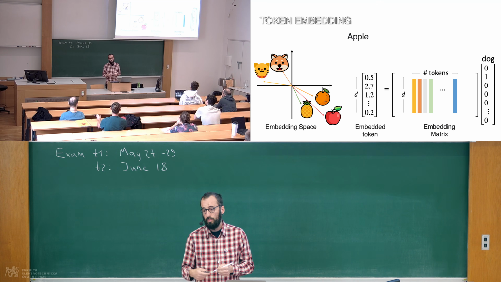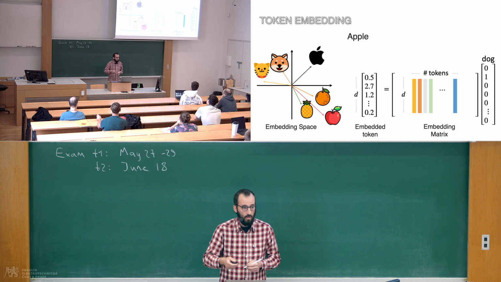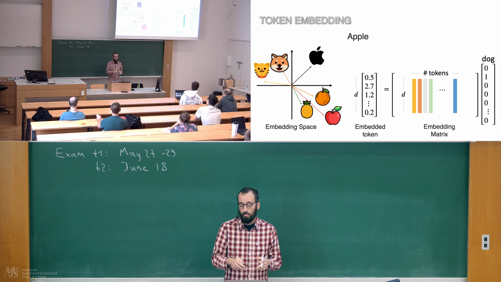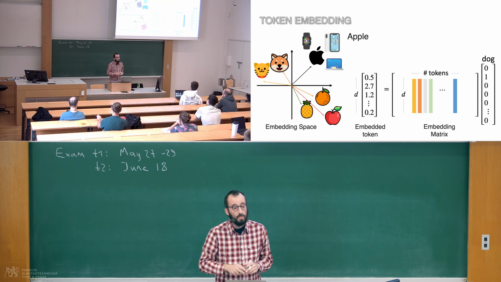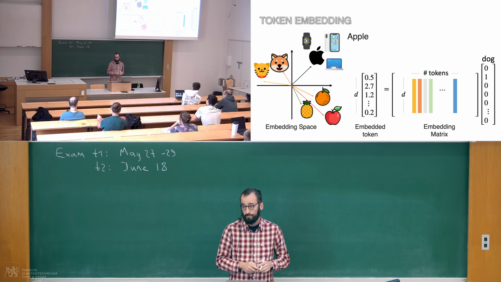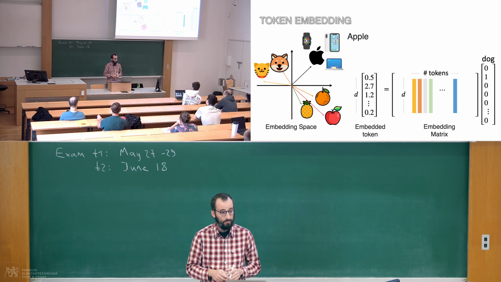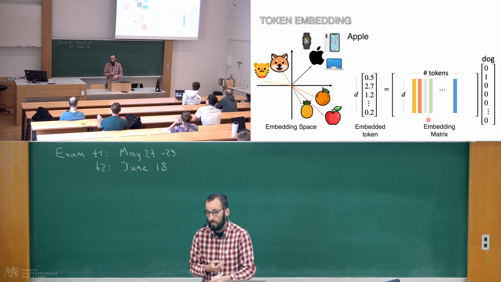But there is polysemy. You have another kind of apple, the company, that you expect to be in a part of the representation space where electronics are mapped. Nevertheless, this word is exactly the same token in the codebook, so it corresponds exactly to the same column.